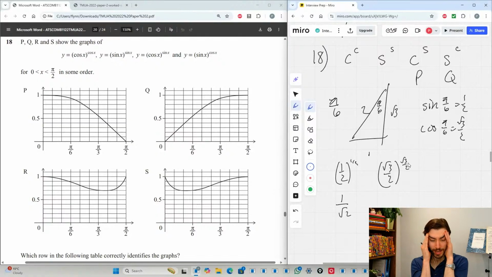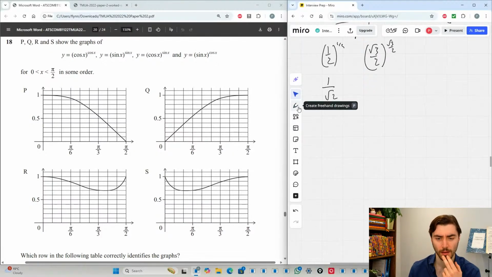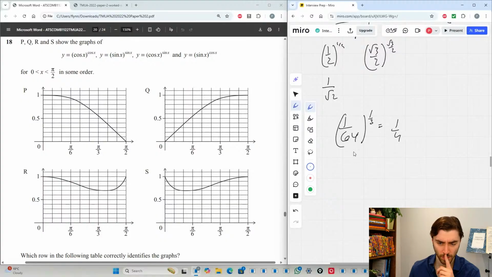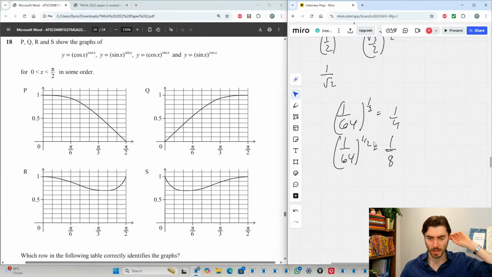So what happens when I take something to the power of something less than 1? Let's consider, for instance, 1 over 64. Take a third power of that is a quarter, and the half power of that is an eighth. So if the number is less than 1, taking a smaller power makes it bigger.